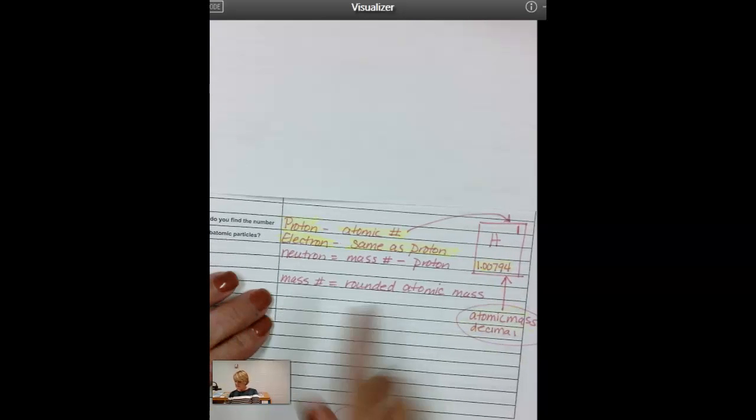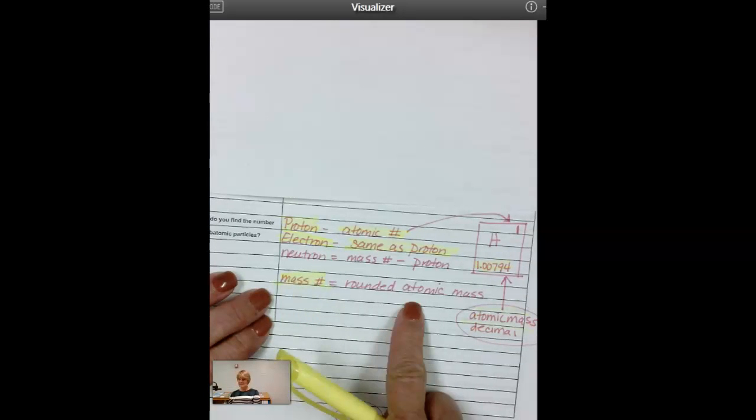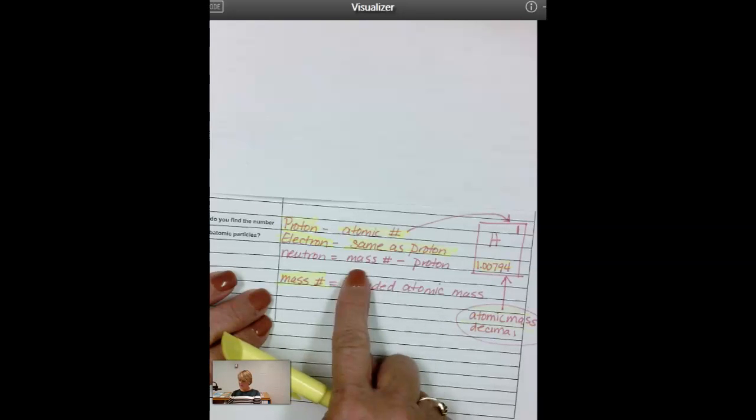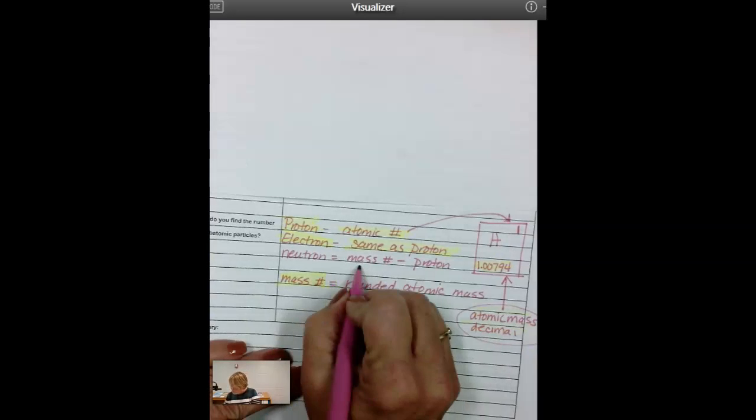What you need is what is called the mass number. We take the atomic mass and we round it. In this case, it would be 1. So for hydrogen, your mass number is 1. We take 1 minus the number of protons, so 1 minus 1 is 0. So there are 0 neutrons in this regular hydrogen atom.